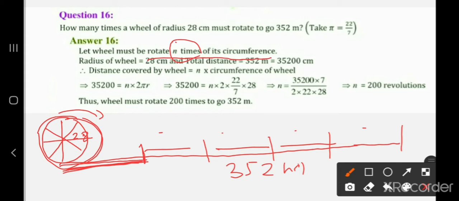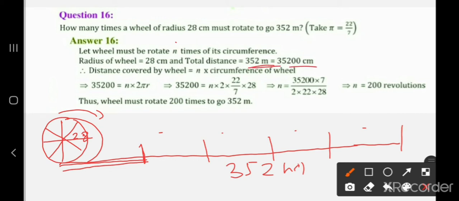Okay, children. Now the radius of the wheel is equal to 28 centimeter and the total distance is equal to 352 meter. One is given in centimeter, the other is in meter. So what you will do, children? This meter you will convert to centimeter.